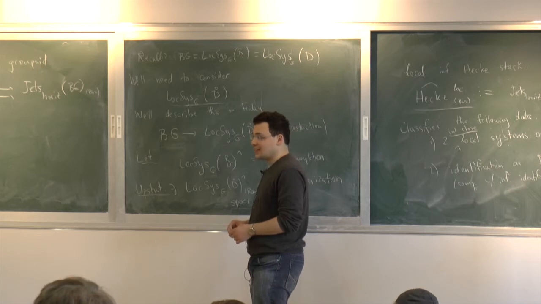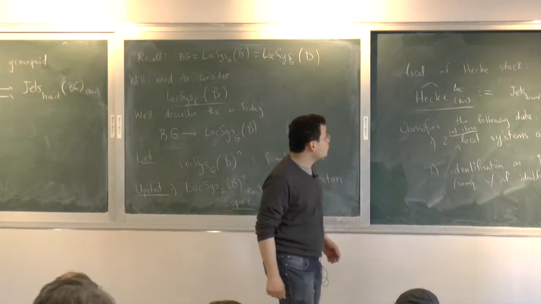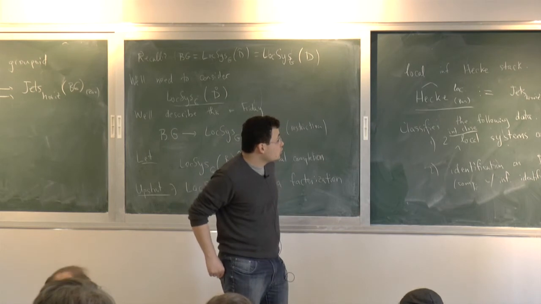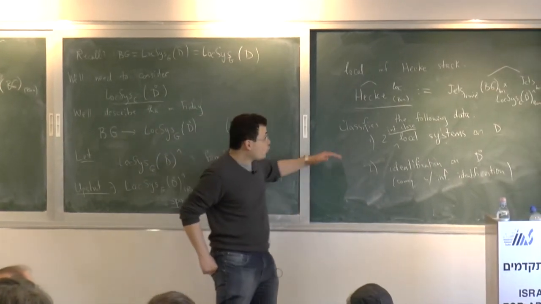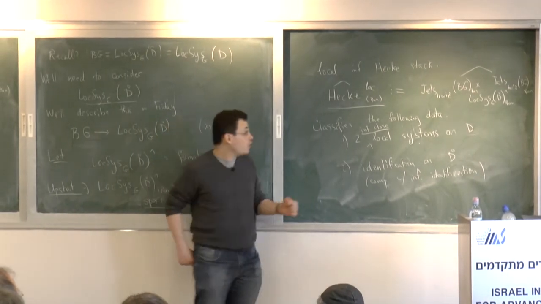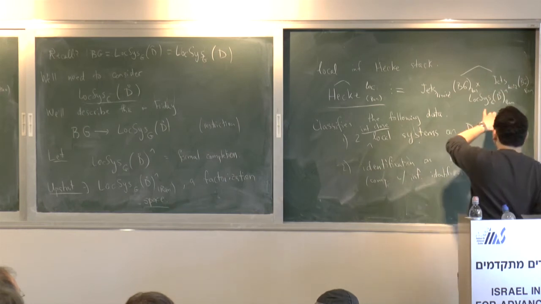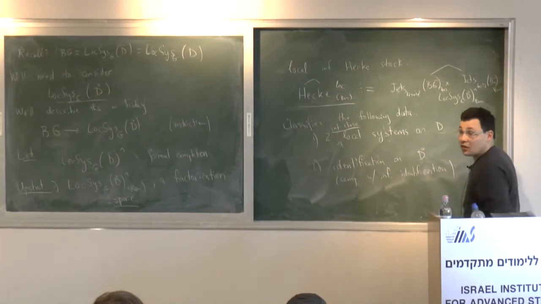So there's all these disks. Could I ask, if there wasn't a Ran space going on here, would it just be the fiber product of BG with itself over something? Yeah, so if you take a point on the Ran space which corresponds to a single point in X, then this becomes BG, this becomes BG, and this becomes the thing that Dennis was just describing.